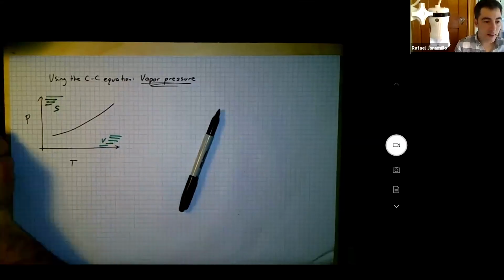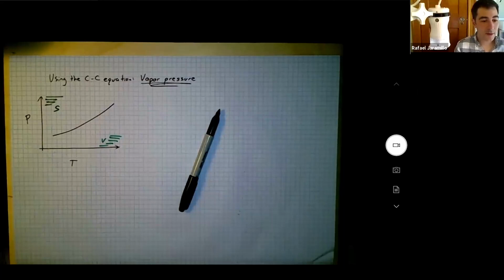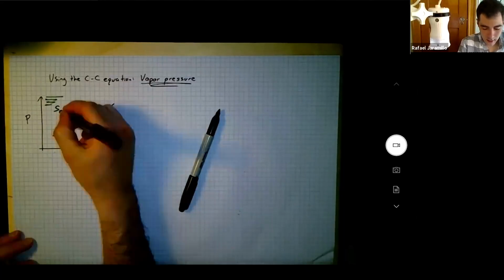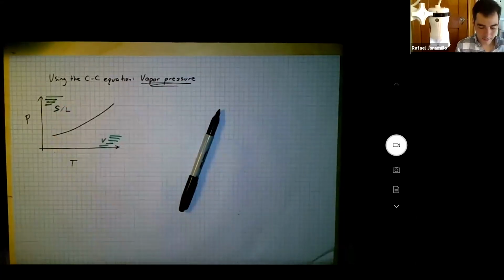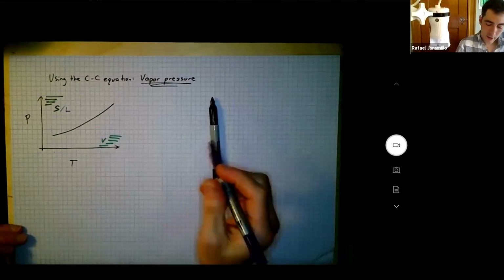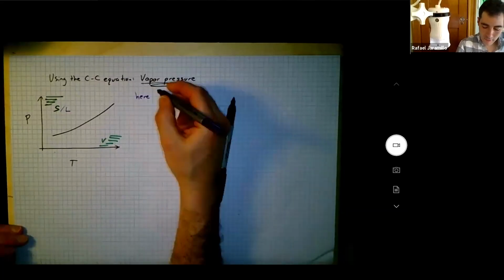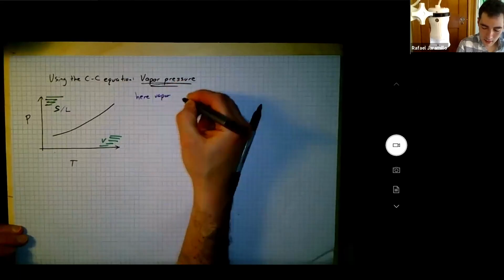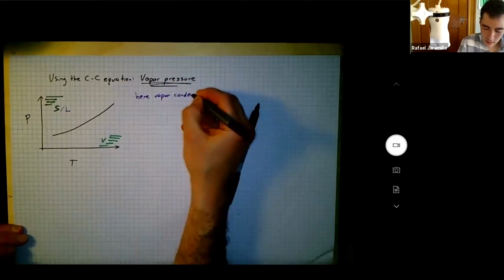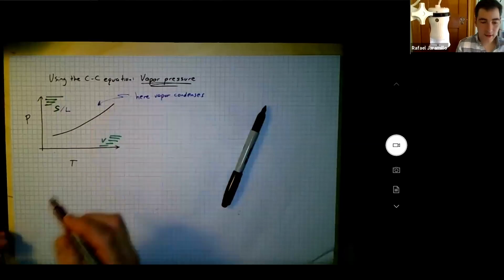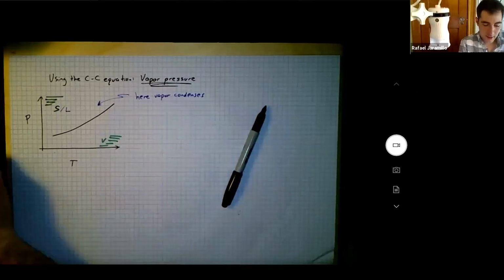Let me point out that everything we're about to do also applies if that's liquid. So it's vapor pressure over a condensed phase. It doesn't have to be over the solid phase; it could also be over liquid. On that side of the curve, vapor condenses.